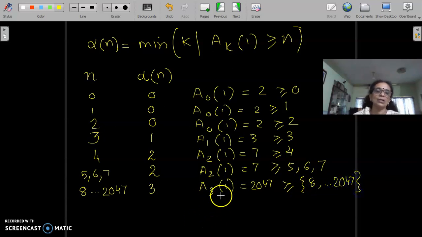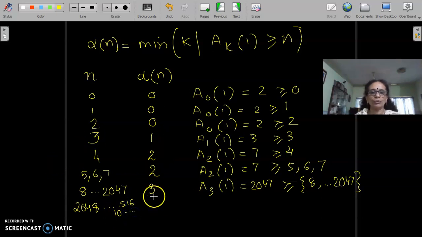Now how about the numbers from 2048 onwards? In fact, we know that 10 raised to 516 comes in this and it goes much beyond. For all those numbers, 4 is sufficient, because A(4, 1) is, we know, much greater than 10 raised to 516.